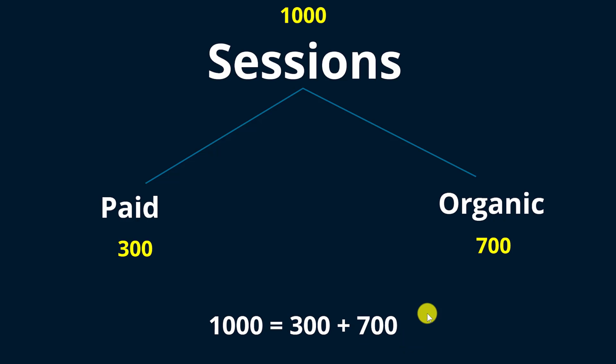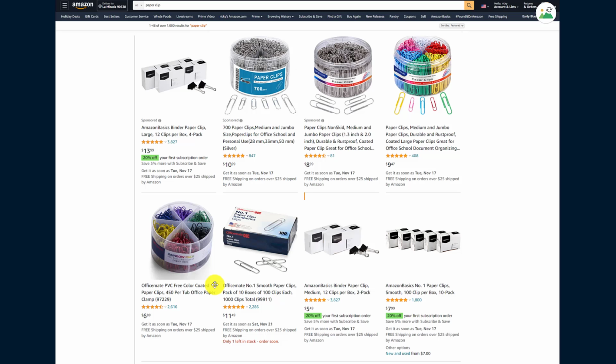So if you know that you had 1,000 sessions and 900 organic, then paid by default would have been 100. Or vice versa, if you know this and this, you can solve for this, and or this and this, you can solve for this.